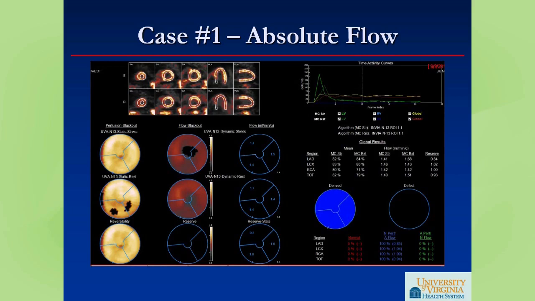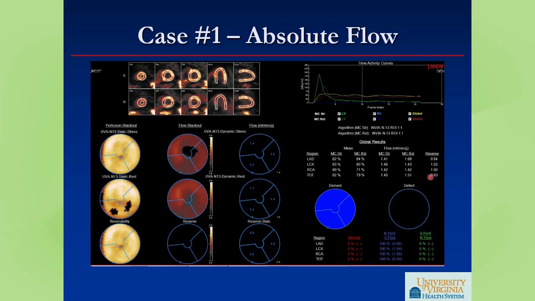And you can see here, if you look over to the right at our stress flow, right here, you can see that the stress flow is reduced. Normal would be 2 or greater, and so these are reduced. But more striking than that is that the rest flow appears to be essentially the same as the stress flow.